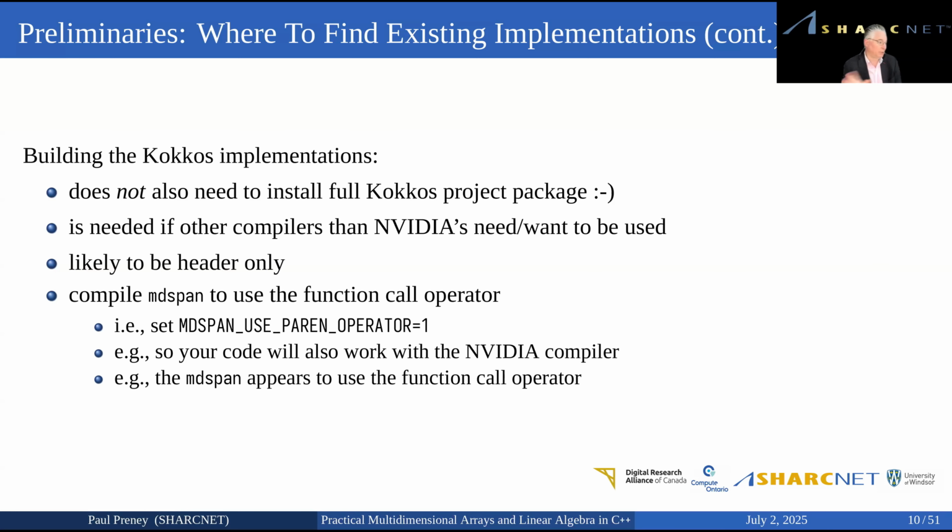GCC supports the square brackets in C++23, but using square brackets for the linear algebra and mdspan stuff in the linear algebra implementation from Kokkos has issues. You get compiler errors and all this stuff. So skip that. Compile for C++20 support, and then tell the Kokkos library to use the parenthesis operator by setting that option when you build it, and happiness.